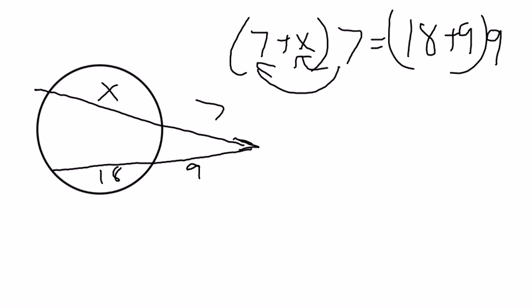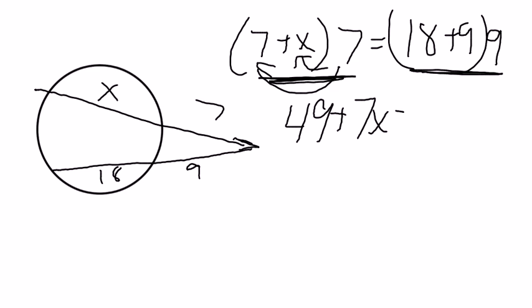And for this one, you can distribute first, or you can just add 18 plus 9 first. Either way you want to do it. So for this side right here, I get 7 times 7, which is 49. 7 times x is 7x, equals 18 plus 9 is 27, times 9 is 243.